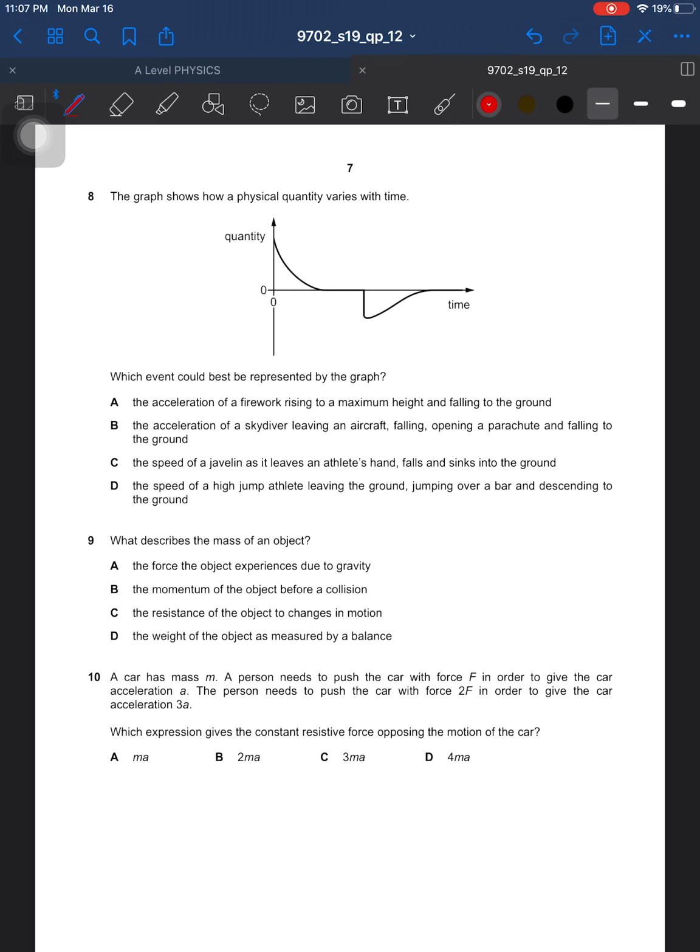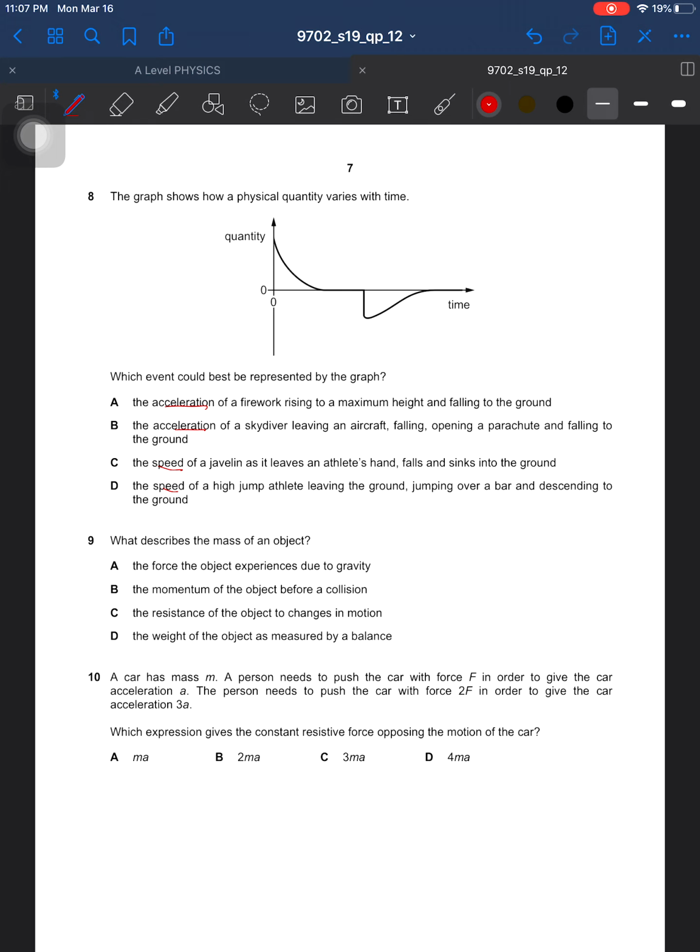So you have a graph of a physical quantity that varies with time. It's either acceleration for A and B or speed for C and D. We can eliminate.